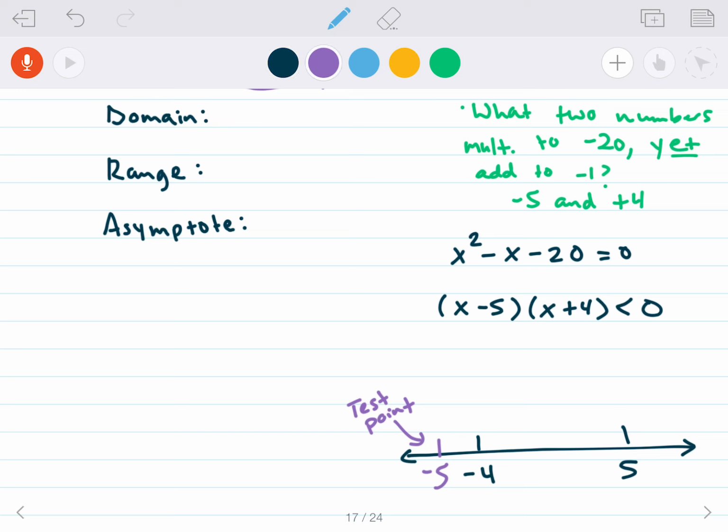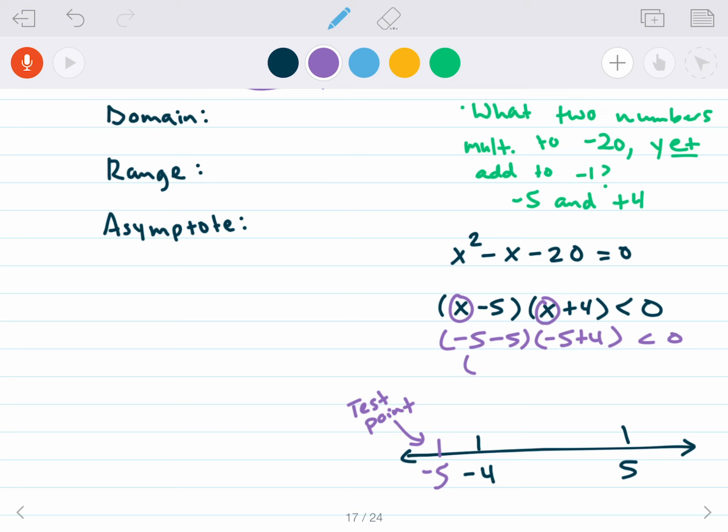If I pick a test point of negative 5, well, I can put negative 5 in here and see what happens. So I have negative 5 minus 5 times negative 5 plus 4. Is that less than 0?